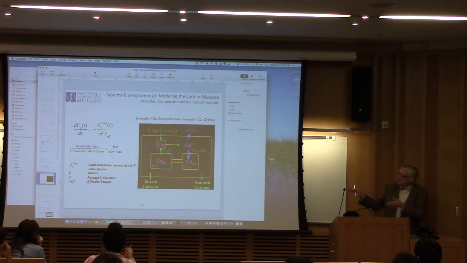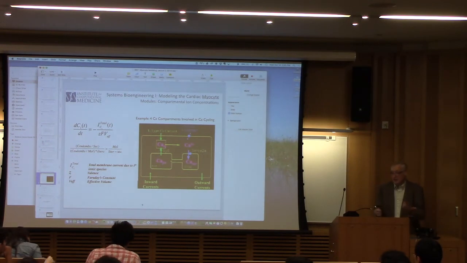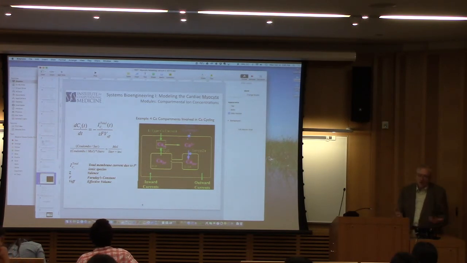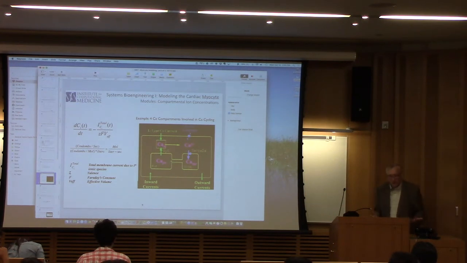In my example here, I'm only talking about calcium, but we care about the concentration of at least calcium and sodium and potassium in the myocyte. And depending on the model, we may care about concentrations of a whole range of metabolites and signaling molecules, but in the models that we're going to talk about here, calcium and sodium and potassium are the big ones.